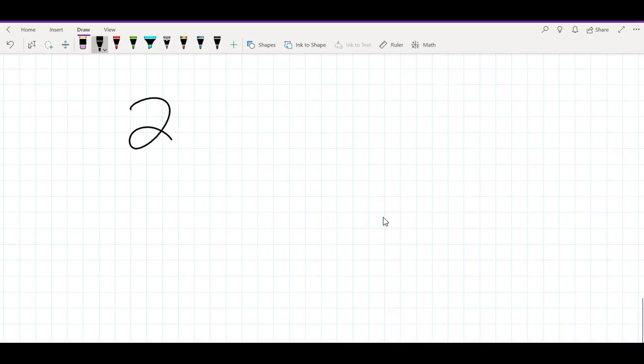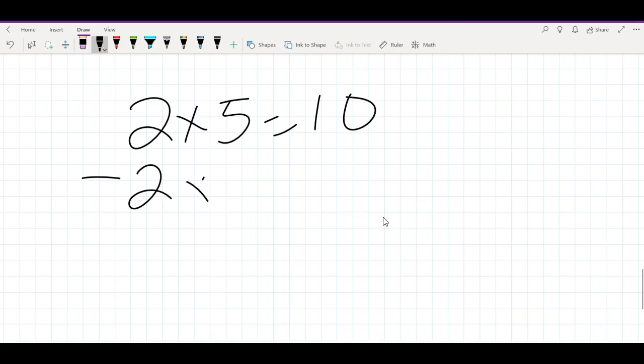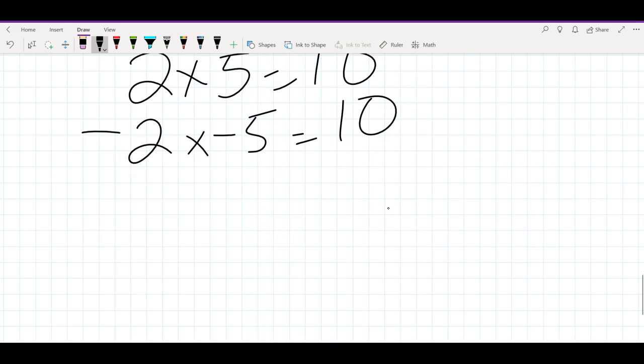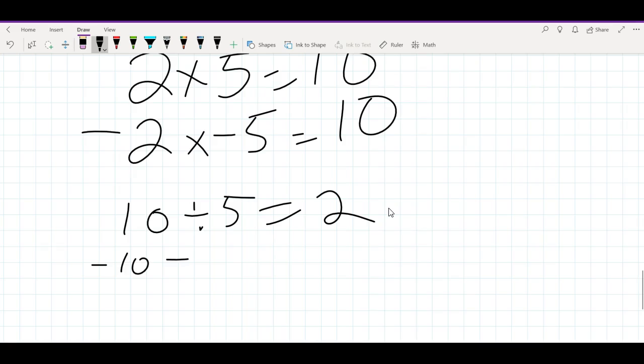So just like 2 times 5 is 10, negative 2 times negative 5 is going to be 10 as well. Multiplying same signs gets you positive. Dividing 10 divided by 5 is a positive 2. Negative 10 divided by negative 5 is also a positive 2.